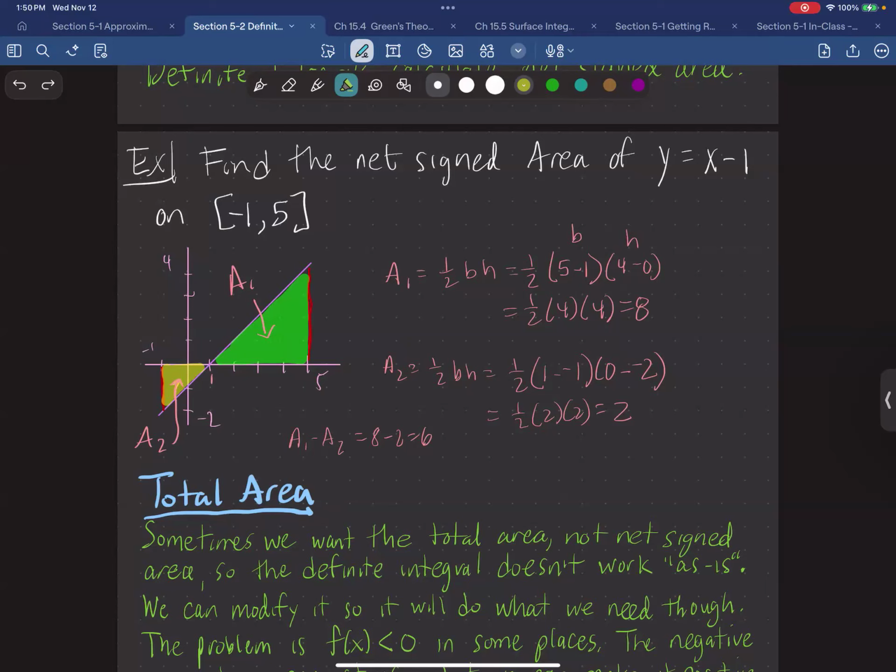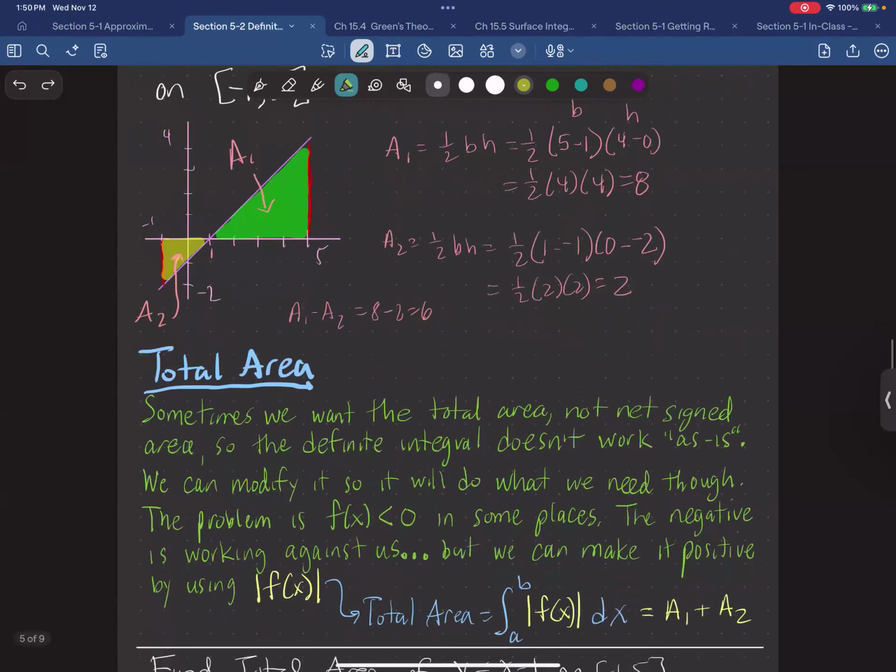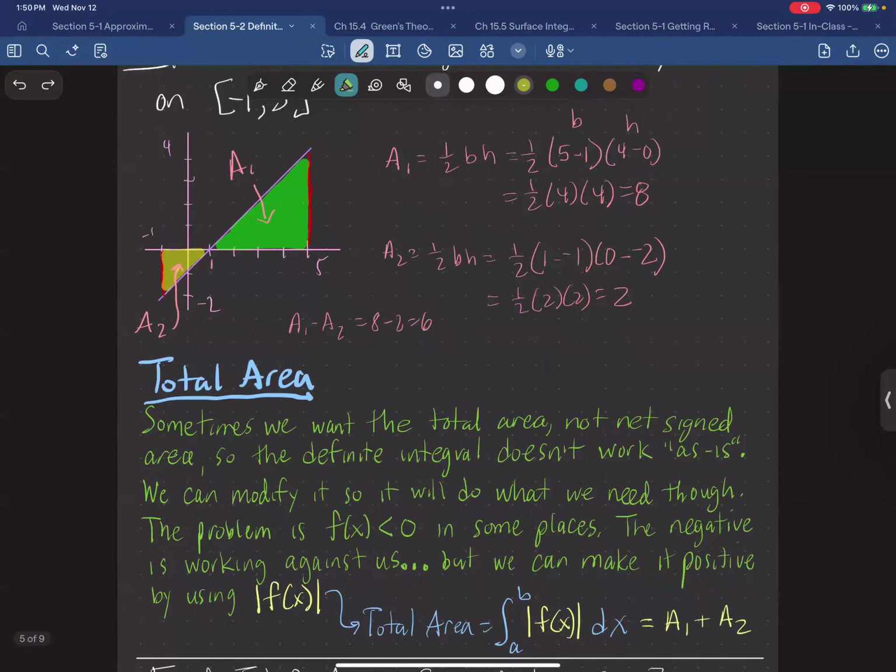When we don't want a negative number, but we want the positive value, we take the absolute value. So we can use the absolute value of f of x rather than f of x. So the total area is the integral from a to b of the absolute value of f of x dx. It is doing the absolute value of A1 plus the absolute value of negative A2.